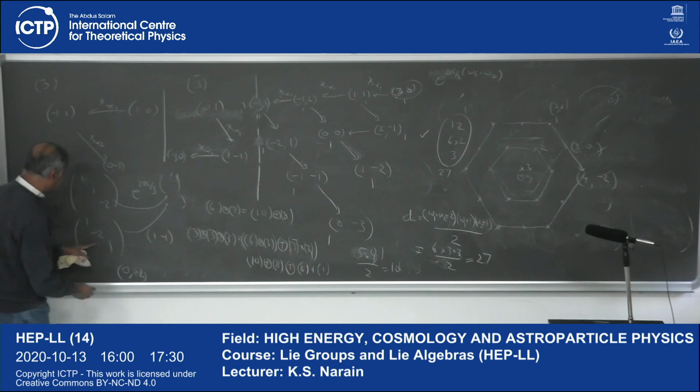Here, I think we chose H1 minus H2 as this, but you could have chosen this. This is lambda 8 essentially, apart from the 1 over root 3 factor. This is root 3 lambda 8, and how can I write it? H1 was (1, 1, minus 1) and H2 was (1, minus 1) here, right?